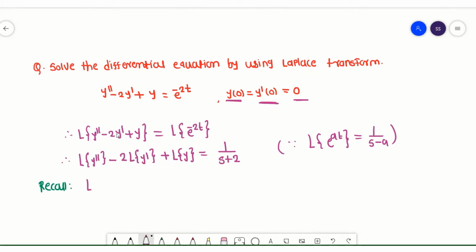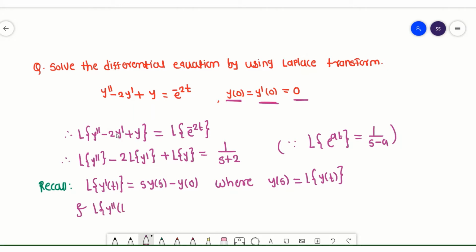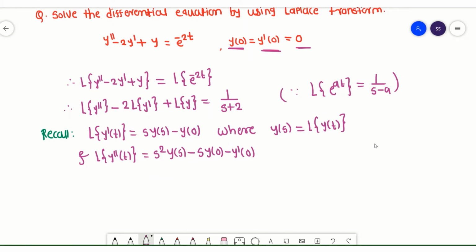Laplace transform of y dash of t is equal to s Y of s minus y of 0, where Y of s is the Laplace transform of y of t, and Laplace transform of y double dash of t is equal to s square Y of s minus s times y of 0 minus y dash of 0.